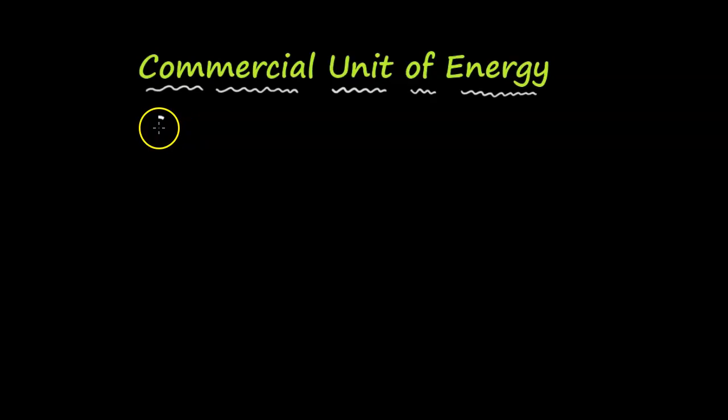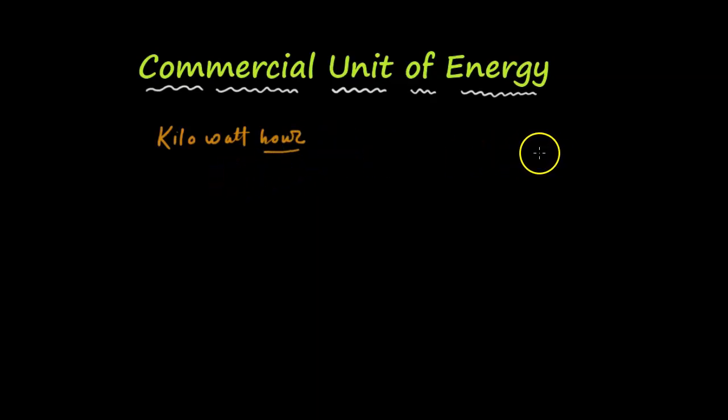We can write it as kilowatt hour. Okay, you might be thinking this is not a unit of energy, but it looks like a unit of power because the watt is coming. But you must notice here the time unit is also given.